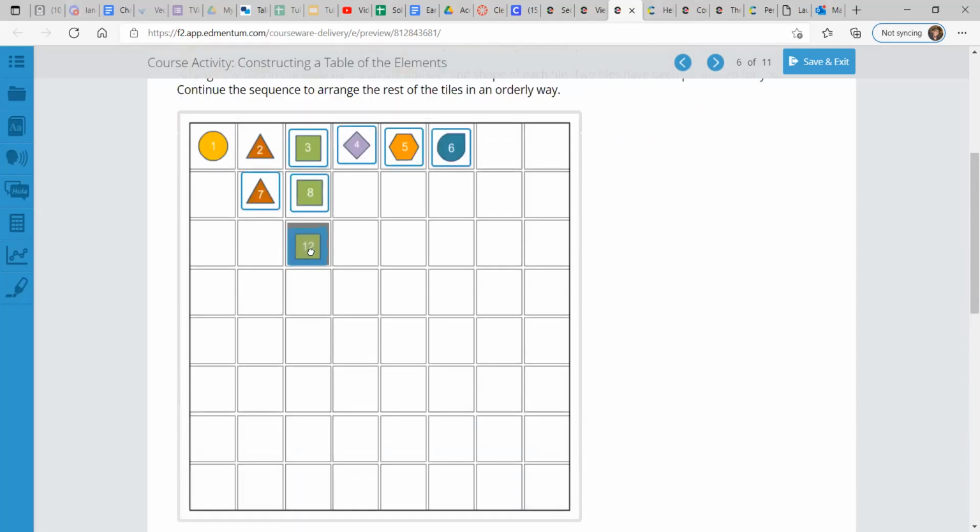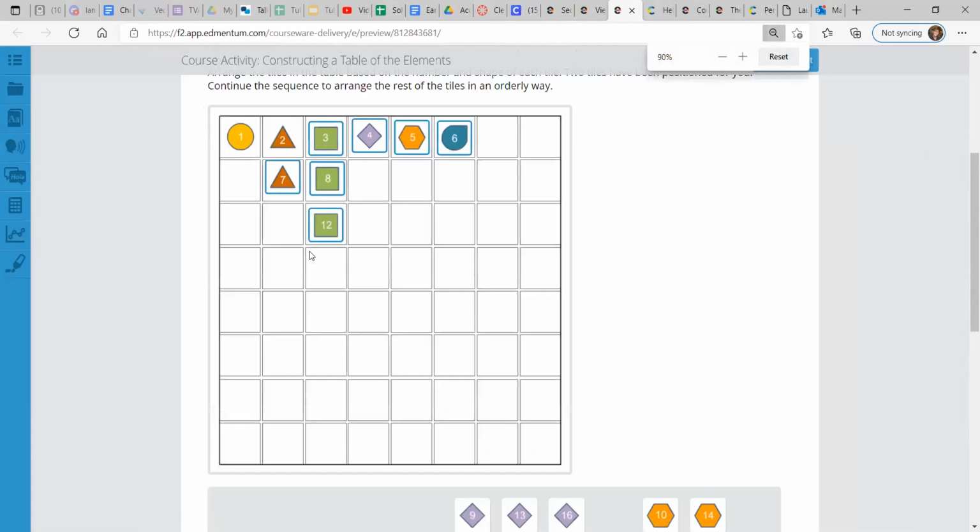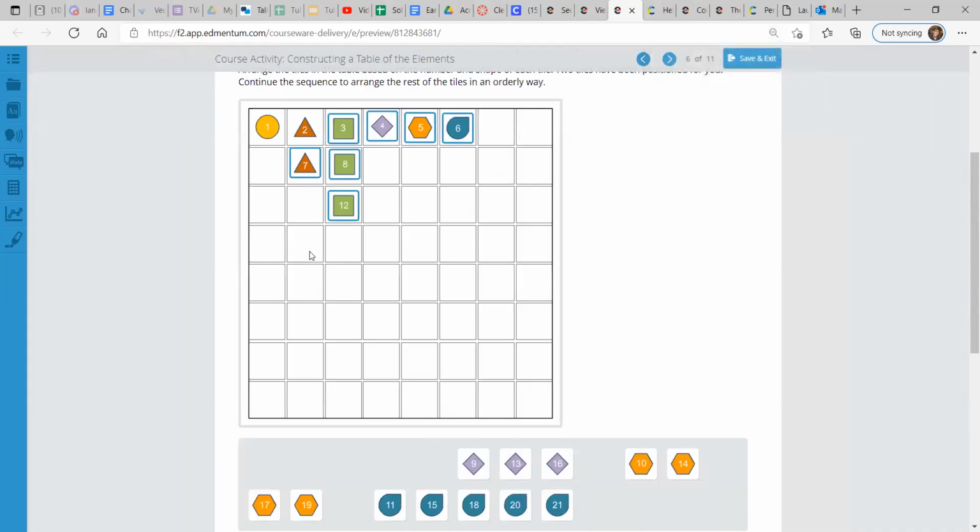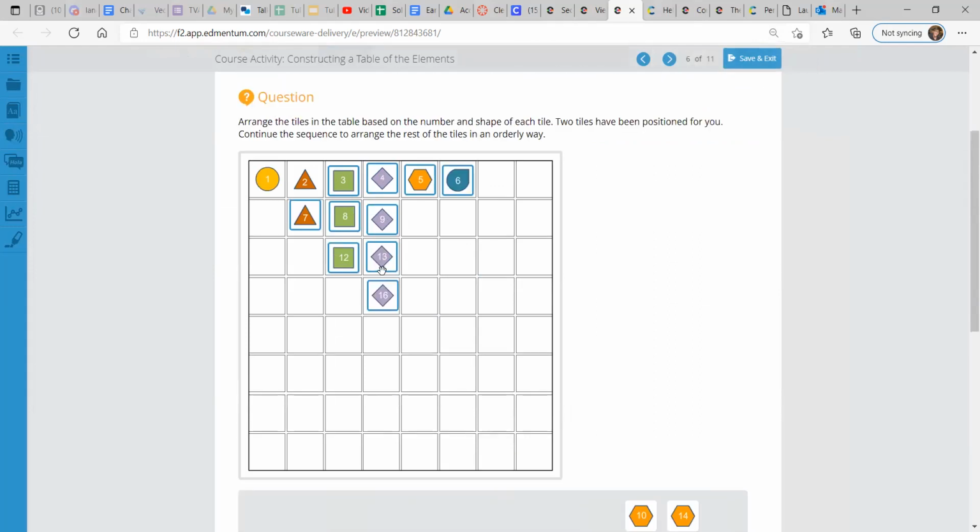Ta-da. And I can actually make the screen bigger. There we go, that'll be easier. Ta-da. And so on and so forth.